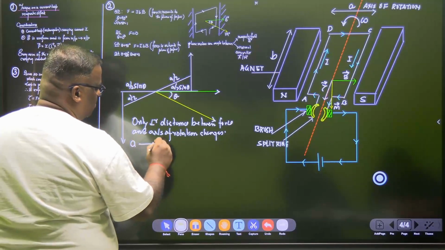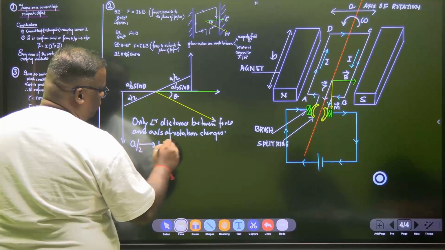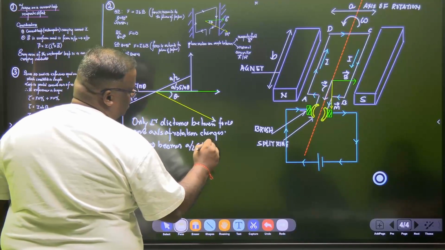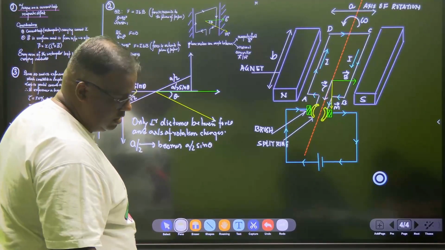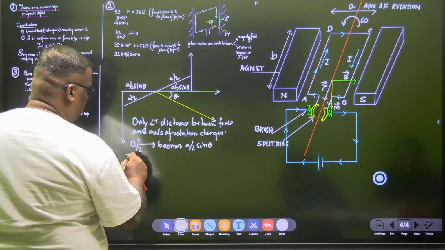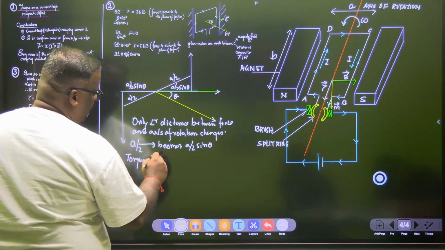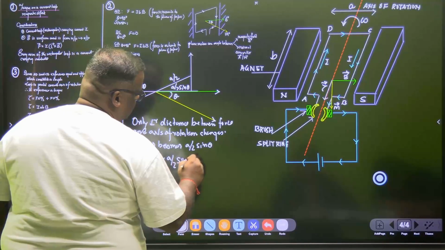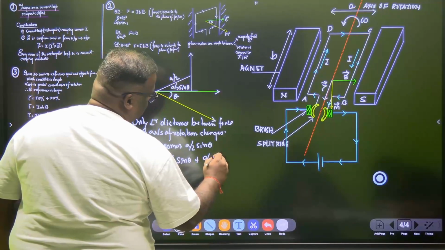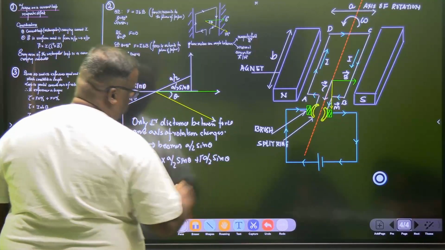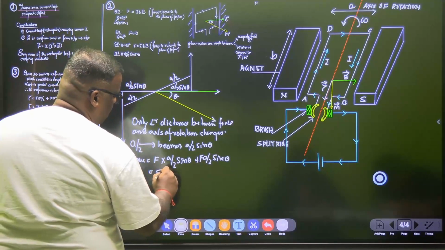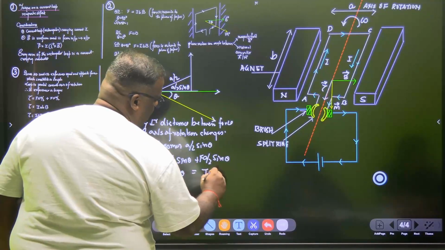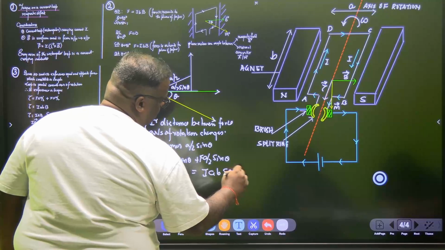A by 2 becomes A by 2 sine theta. So now your torque is equal to F into A by 2 sine theta plus A by 2 sine theta, which is F A sine theta, which can now be written as IAB sine theta.